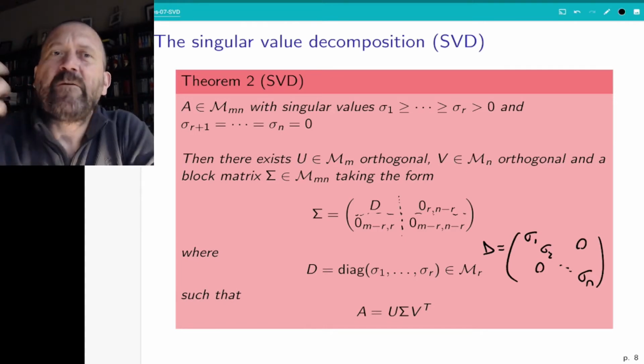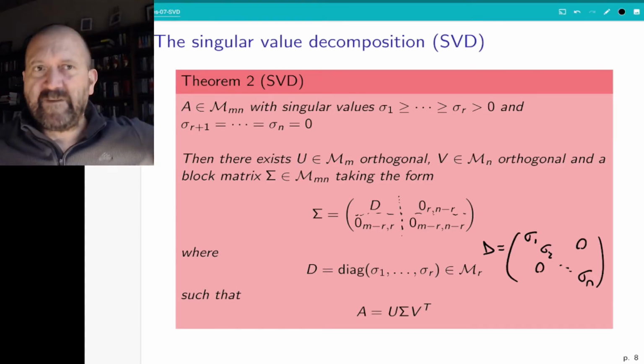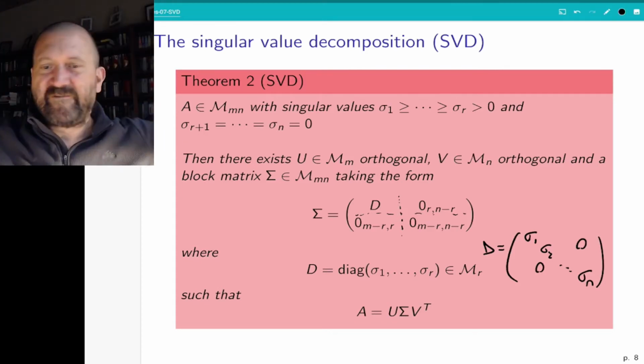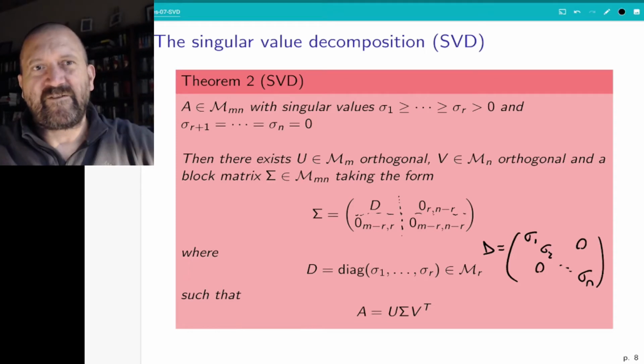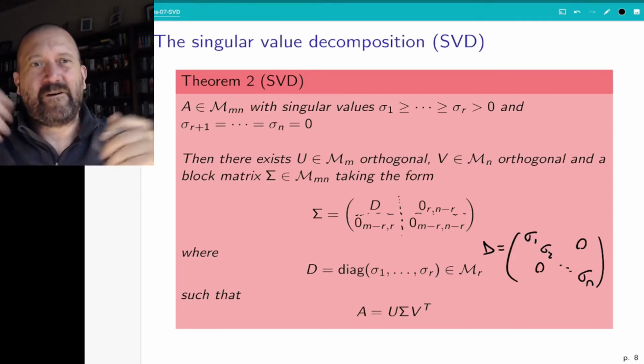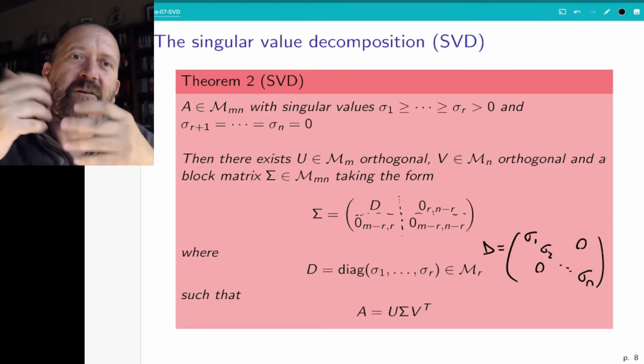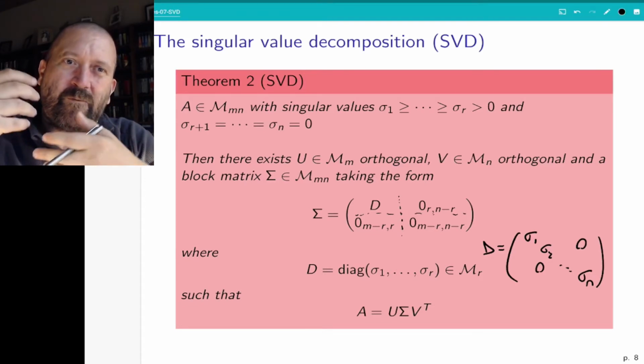And it's very convenient. We could write it as the entire matrix, just the matrix with these few diagonal entries non-zero and the others equal to 0. But it's actually very convenient to think of it this way.